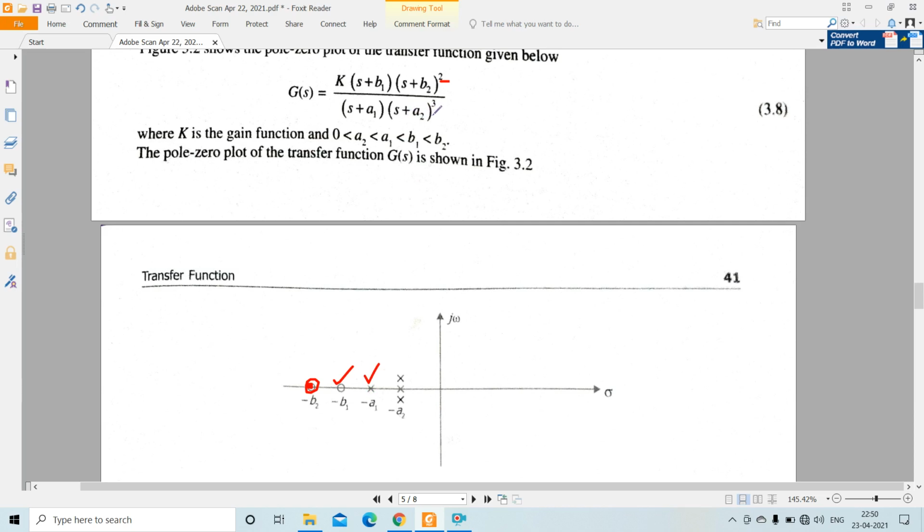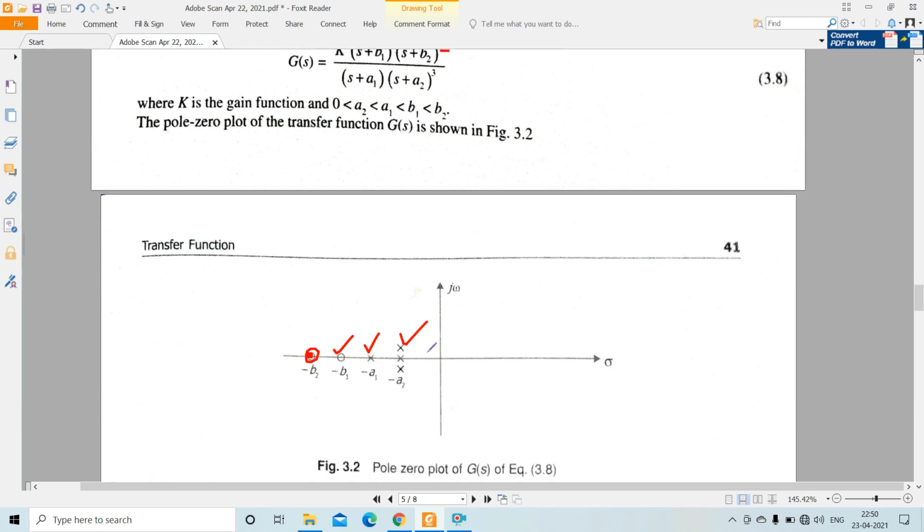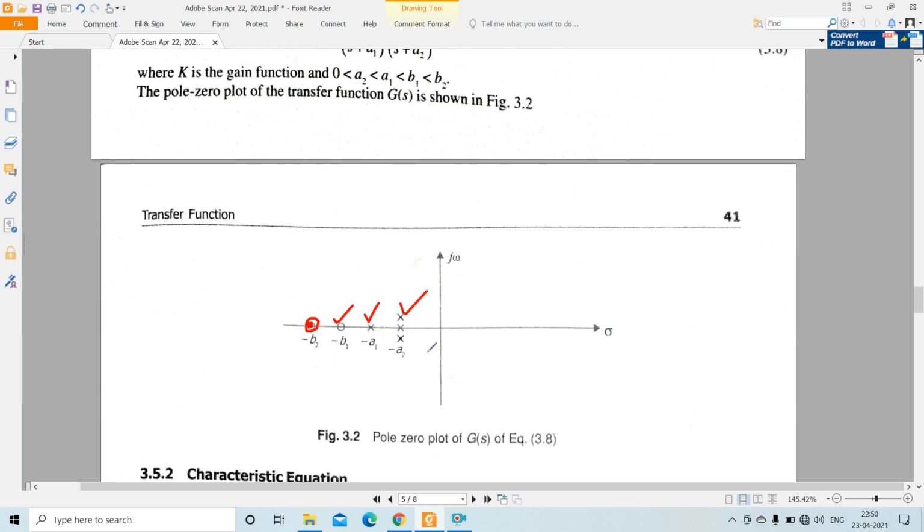Then a2 to the power 3 means at the point minus a2 there are multiple poles, so it is represented like this, as multiple poles. So this is how we can represent poles and zeros in the s plane.